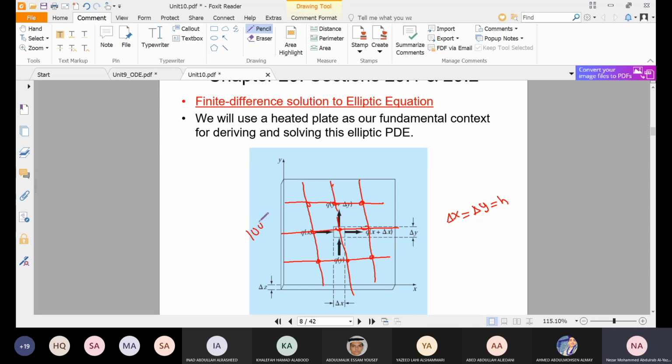For example, here we have 100, here we have 20, here we have 50, and here we have 0. So by knowing these boundary values, or auxiliary conditions, we can start from this. After that, we can find the temperature at the inner nodes.